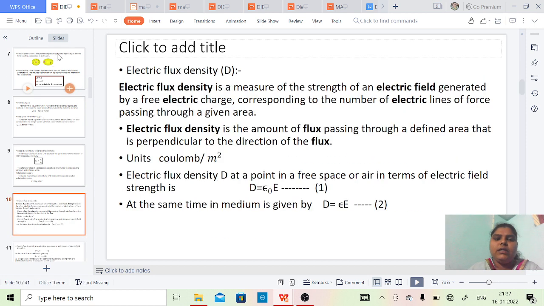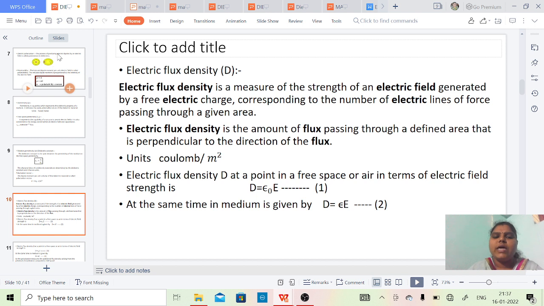Next, electric flux density. The electric flux density is a measure of the strength of an electric field generated by a free electric charge, corresponding to the number of electric lines of force passing through a given area.